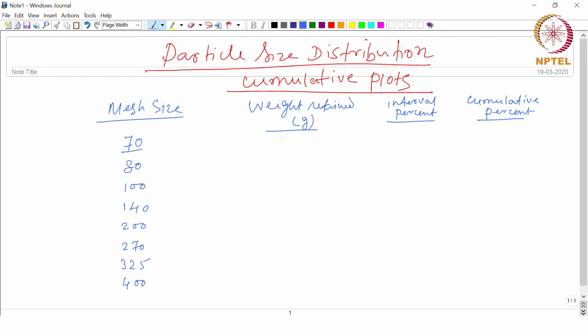So, let us say it is like this. So, here you can see the total weight is 77.5 gram. Okay.